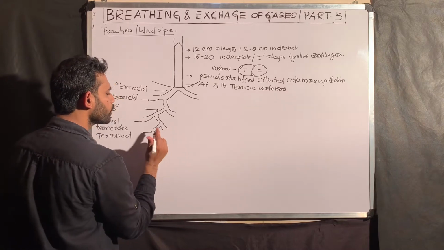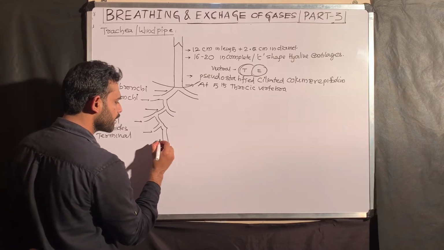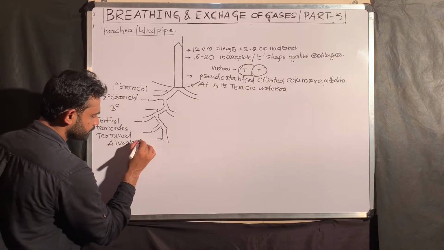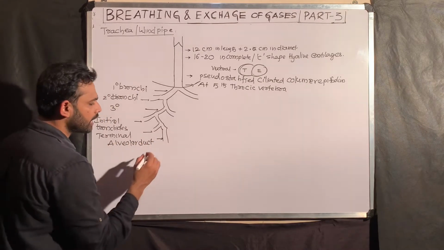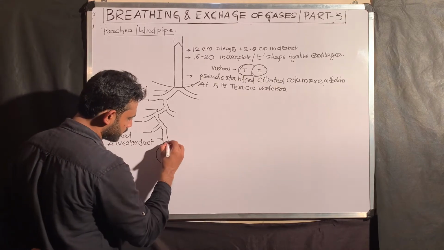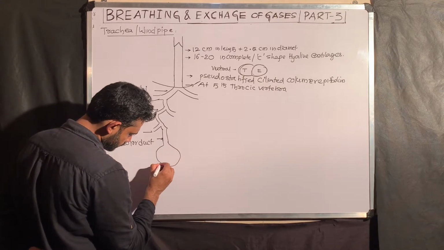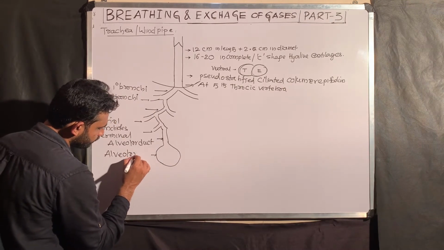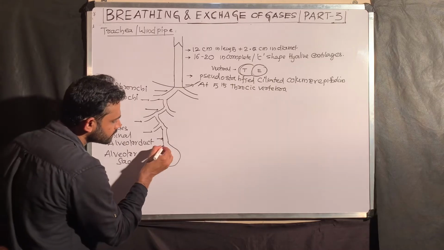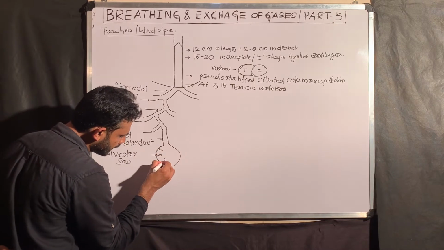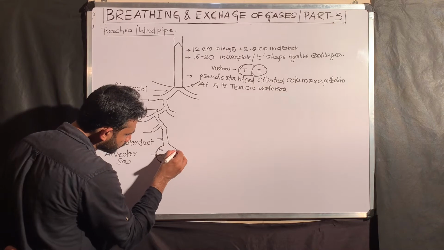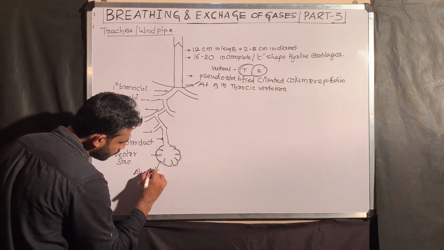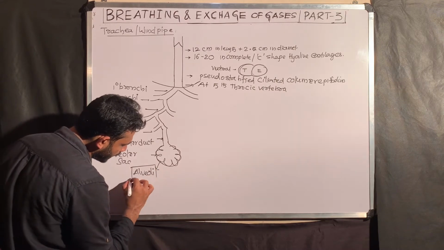The terminal bronchiole continues like this into the alveolar duct. The alveolar duct continues into the alveolar sac. This alveolar sac consists of a number of irregular shaped structures, the functional units of the lungs, called alveoli.